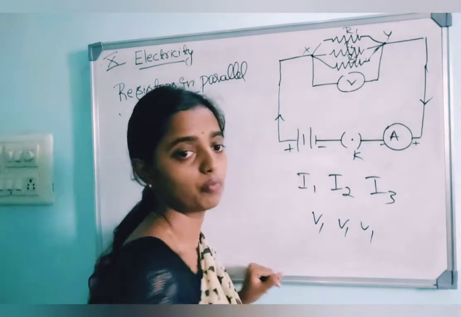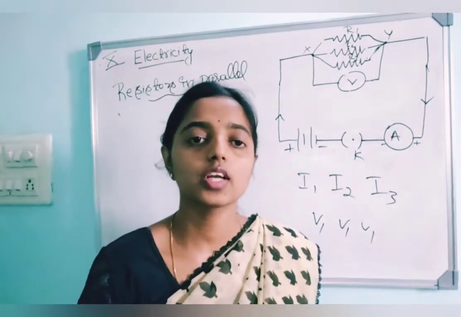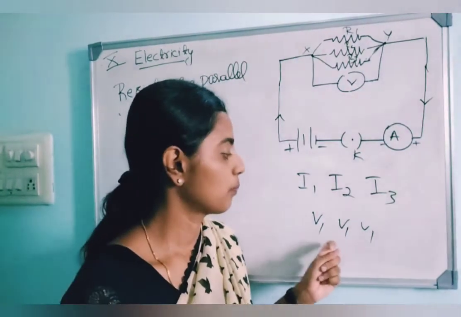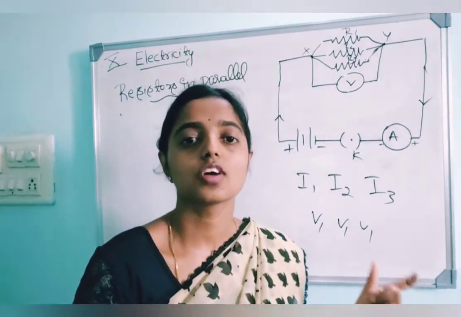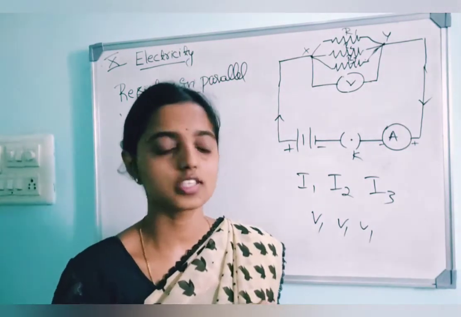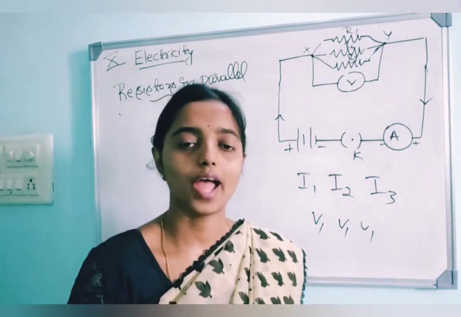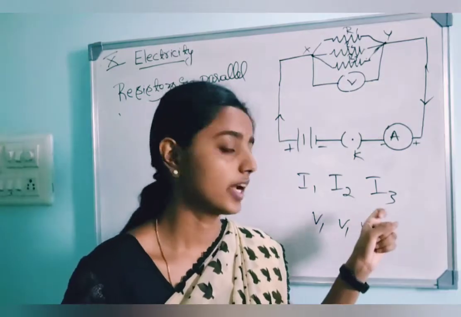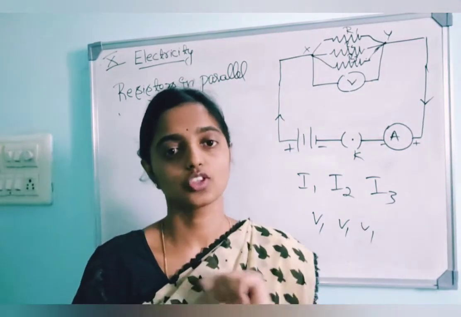I got the same value. That means whenever the resistors are connected in parallel, the potential difference values are the same. These values are constant, whereas the current value is different. So here potential difference is constant and current is different, completely opposite to the series.